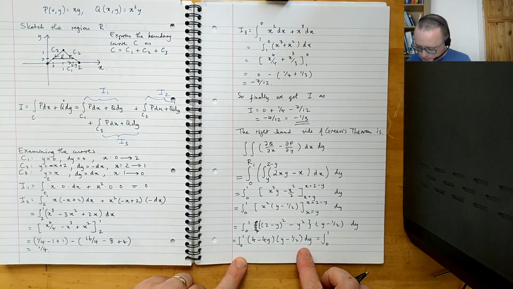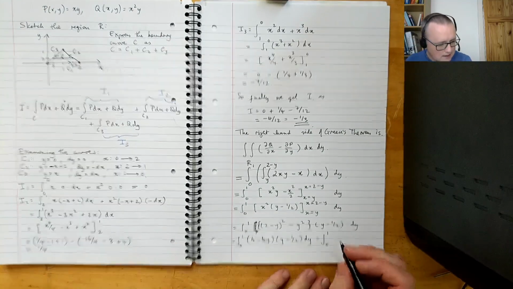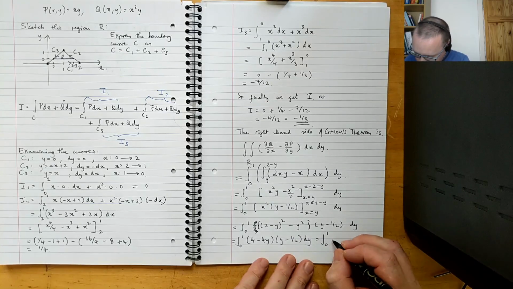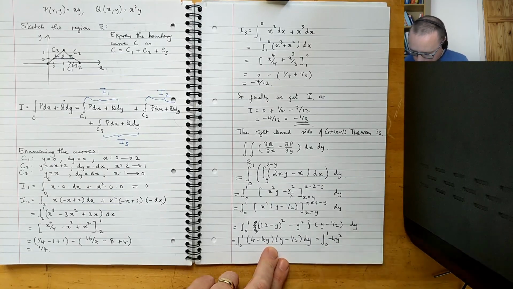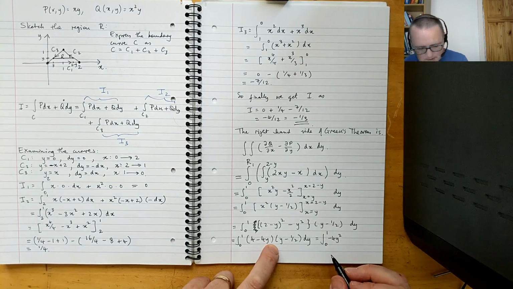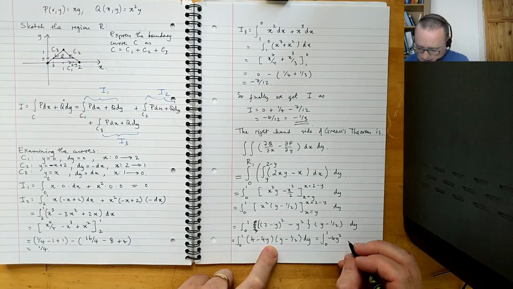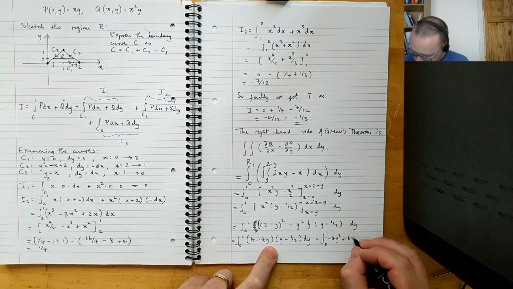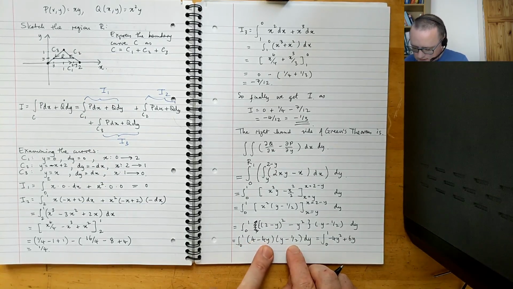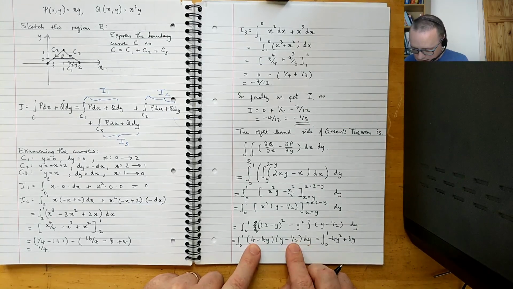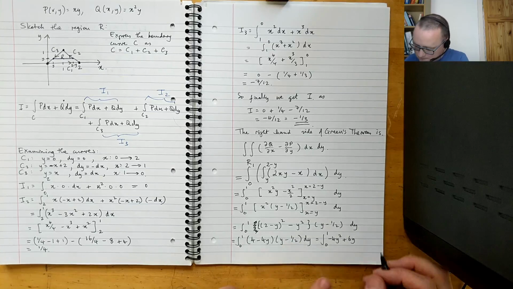So just multiply these out here, and when you multiply these out you get minus 4y squared plus 6y. So we've got 4y plus 2y, so we've got plus 6y, and then finally we've got 4 over 2, so 2, but minus 2.